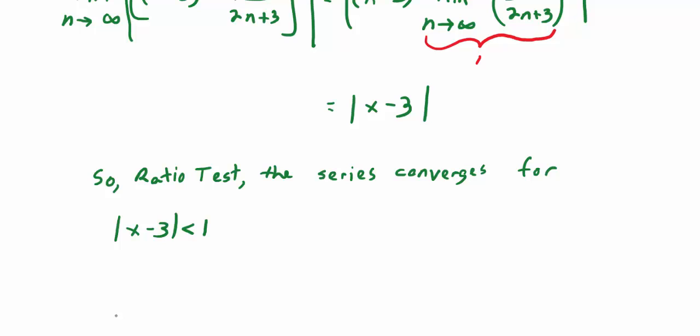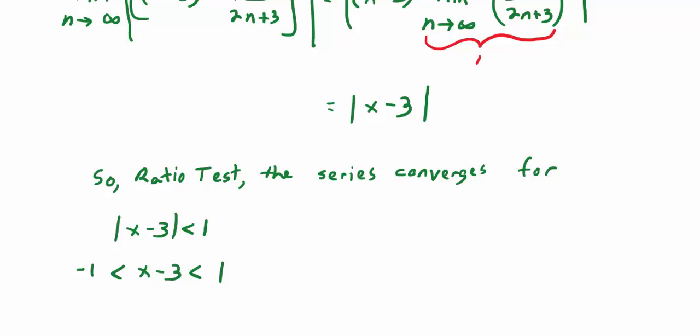Now, in the directions, you're asked to find the interval of convergence. It's an interval of x values. You guys know from Calculus 1 how to turn that kind of statement into an interval. How do you lose the absolute values? The absolute value of x minus 3 less than 1 is the same as saying x minus 3 is between what two values? 1 and -1. Yep.